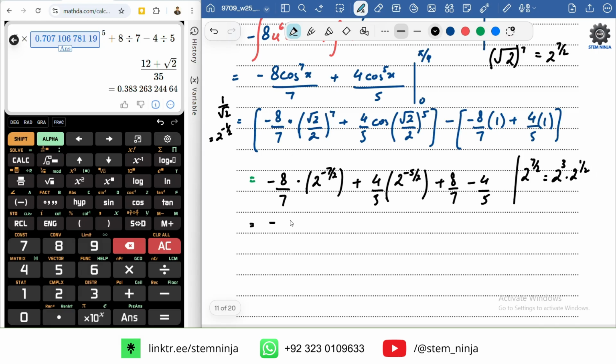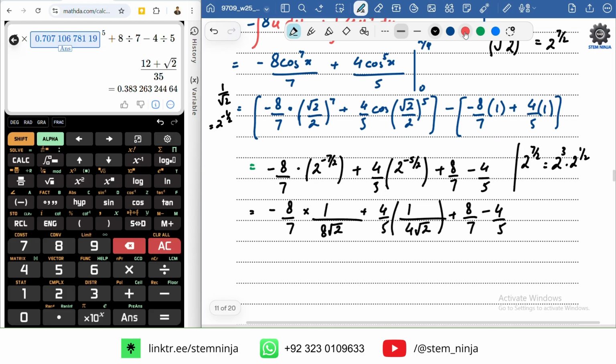So minus 8 over 7 and this is 3.5, so 8 root 2, plus 4 over 5, and also this thing, 2 raised to power 2, 4 root 2, plus 8 over 7 minus 4 over 5.